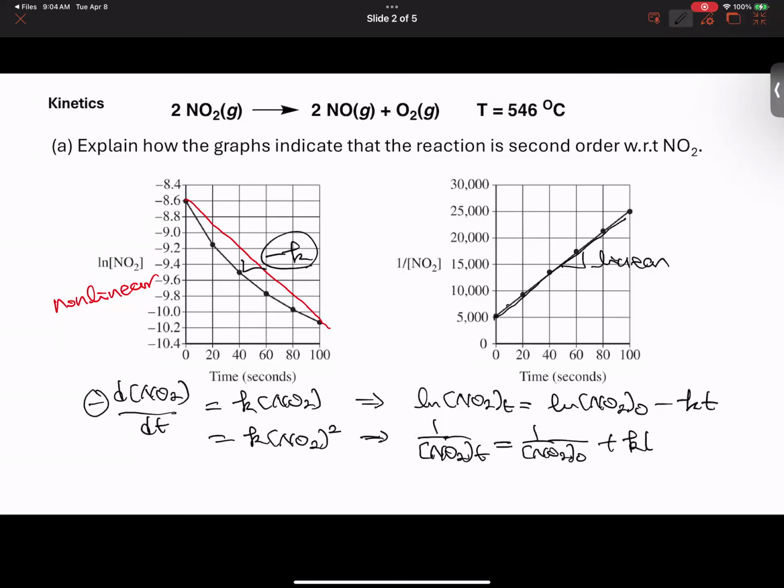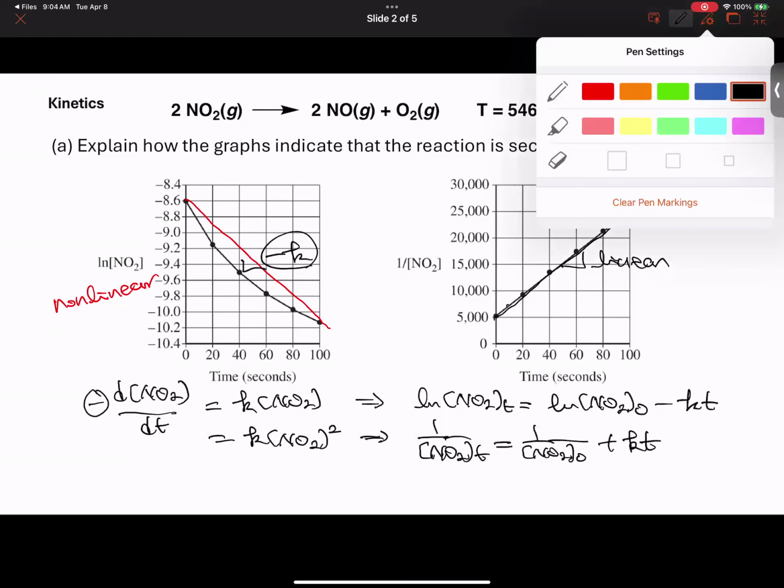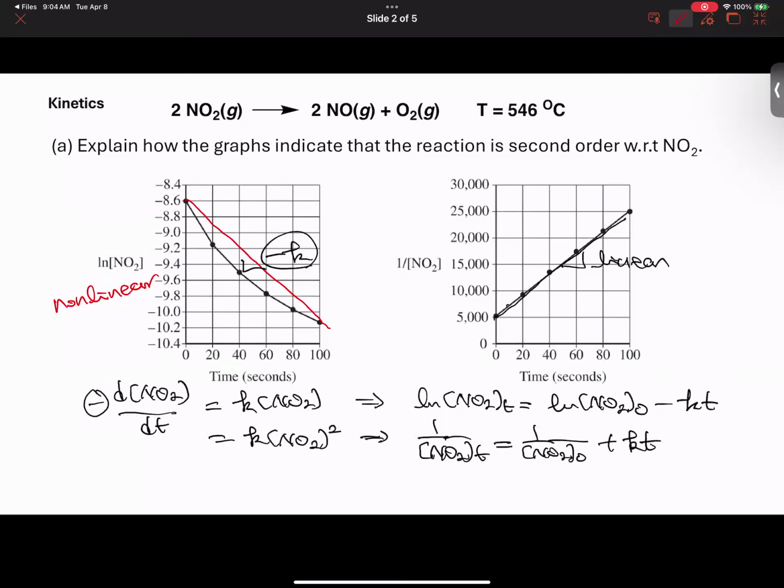In this case, the slope is k, the slope with respect to time. Simply, it is y equals mx plus b form, and 1 over [NO2]0 is the y-intercept.